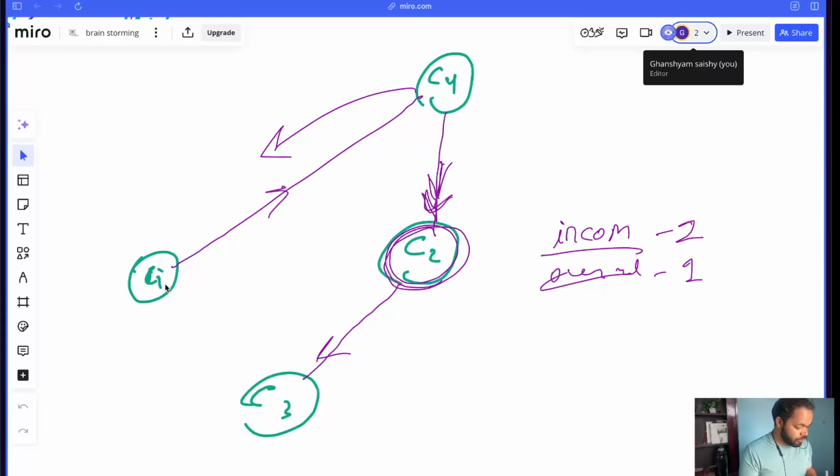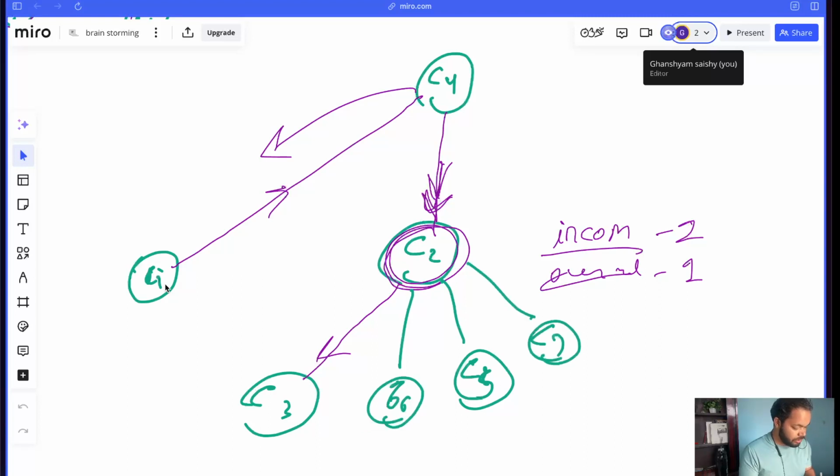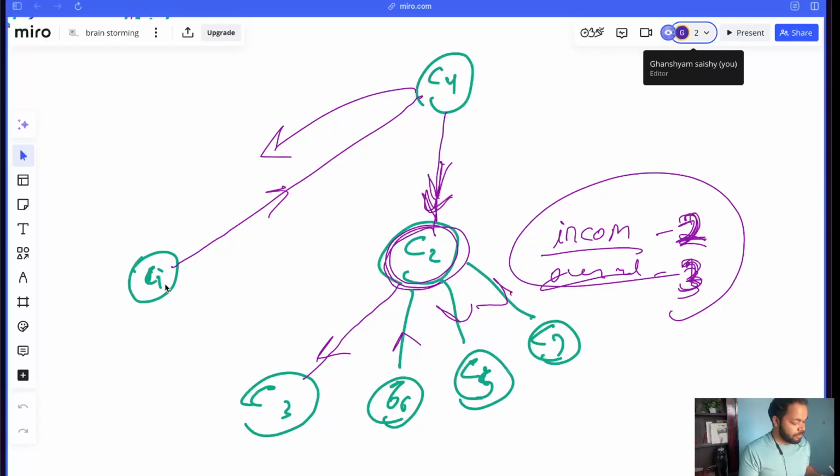Or maybe C2 is also connected to C5, C6, and C7, and now one is incoming but the others are outgoing, then C2 will have two incoming degrees and three outgoing degrees. So this is about the degree.